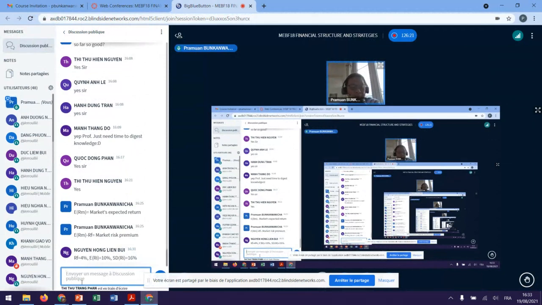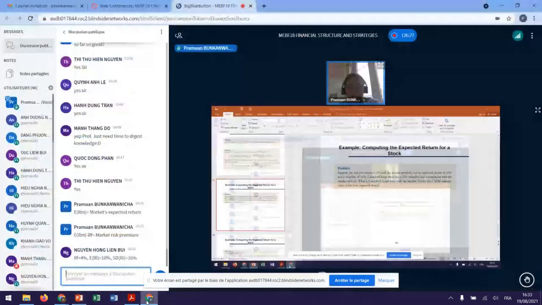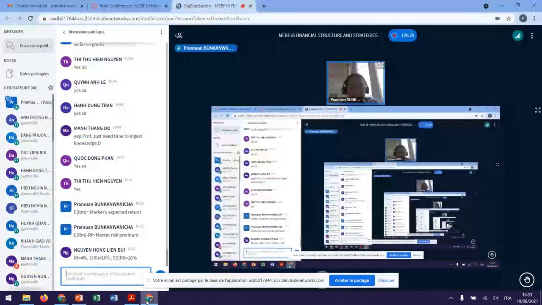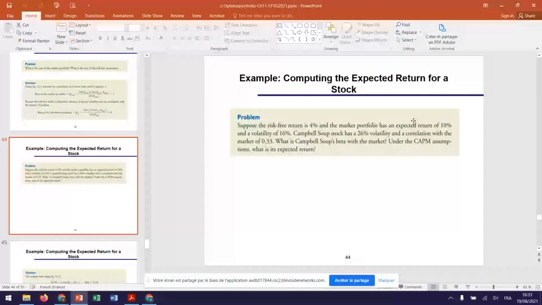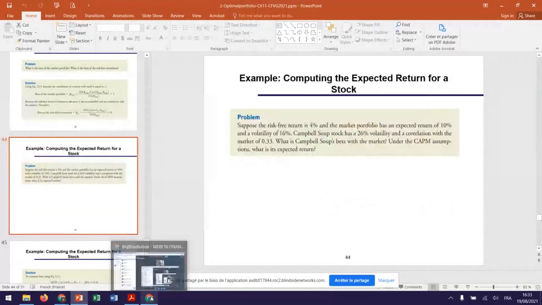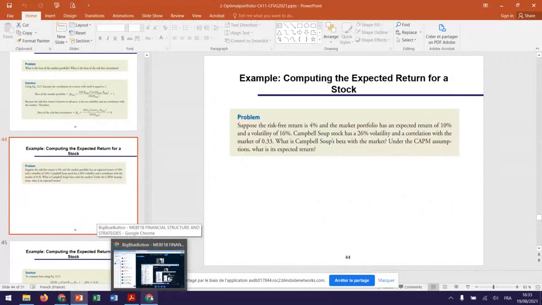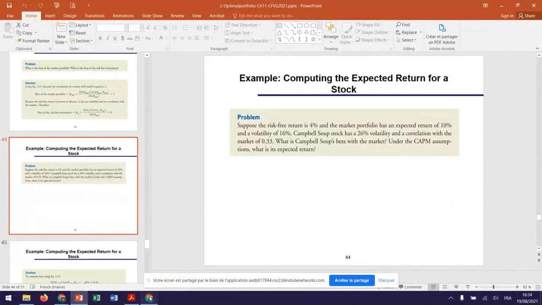Okay, what is the ERM? The market portfolio has an expected return of 10%, like the S&P 500, with volatility of 16%.